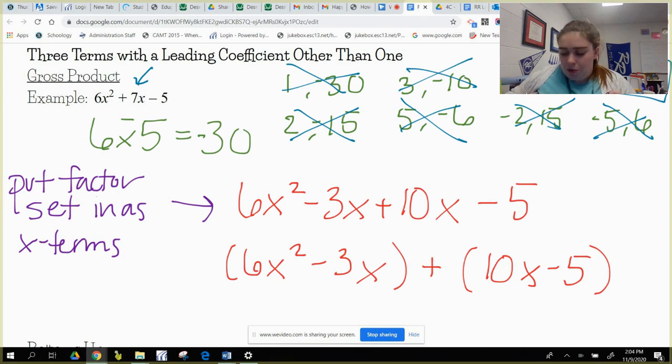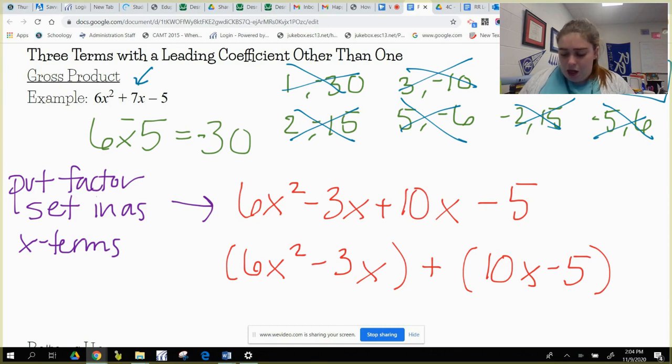Okay, now we have these simplified down to binomials, so we're going to factor these binomials. Take whatever out of them that we can. Look at this first one on the left, 6x squared minus 3x. We can take an x out of both of those terms, and we can also take a positive 3 out of both of those terms.